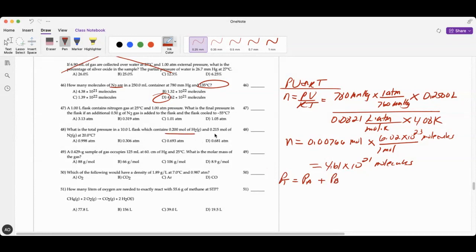It has 0.2 moles of hydrogen and 0.215 moles of nitrogen. So we need the 2 partial pressures. We have a 10 liter flask at 20 degrees Celsius. Okay, so we want the partial pressure.